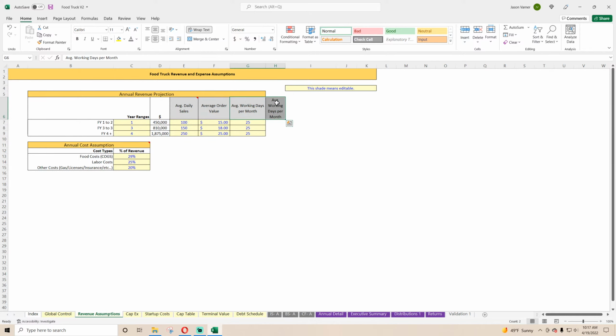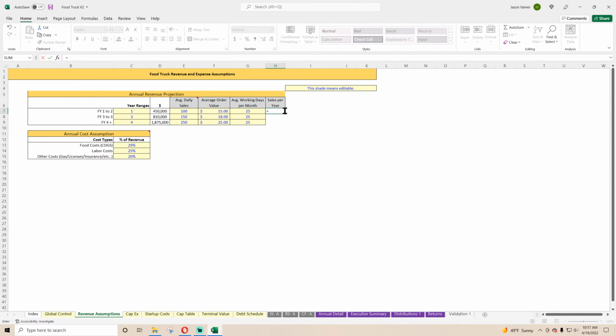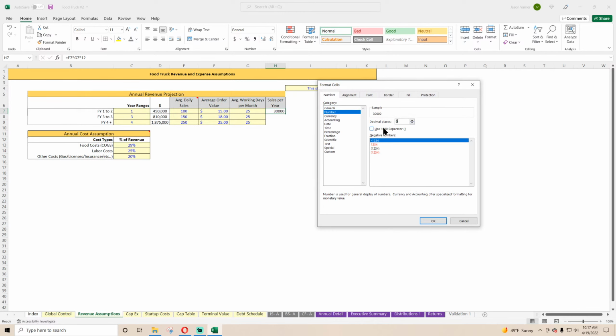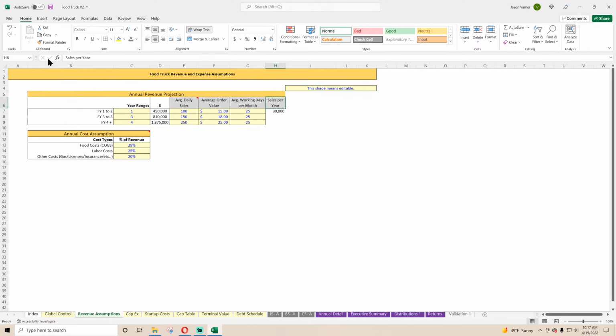Oh, we can just add it here actually. Sales per year. And it's just this times working days per month times 12. Or orders per year.